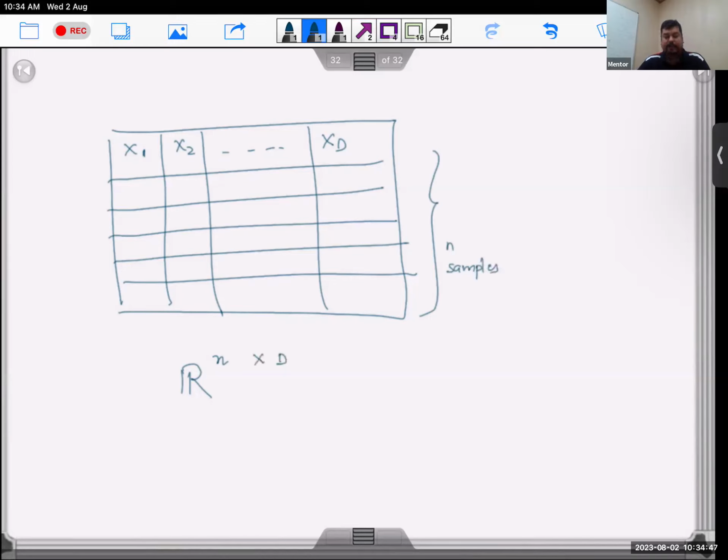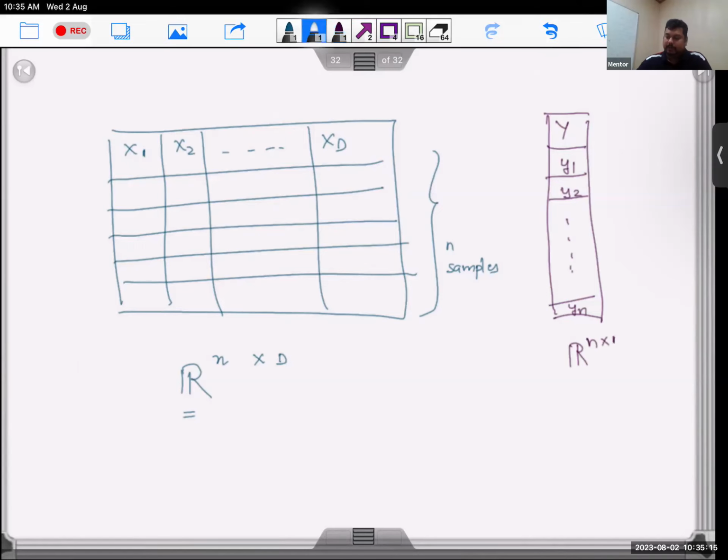I've written the symbol R to denote that there are real numbers in it. If you look at the output, what would be the size of it? N cross 1.